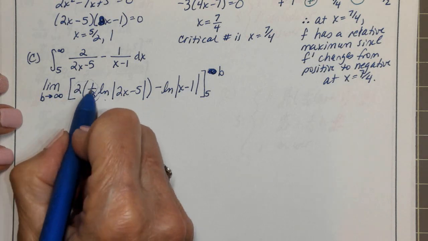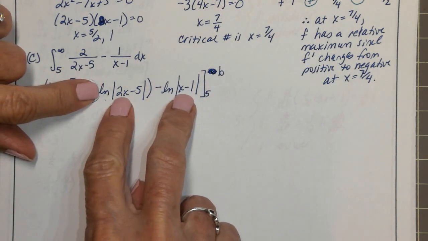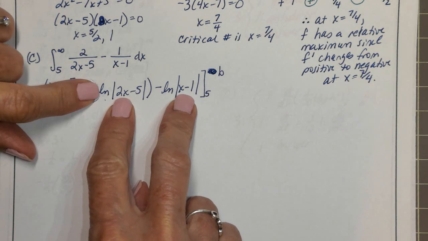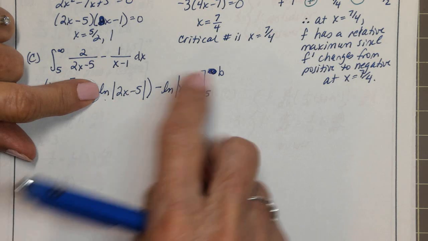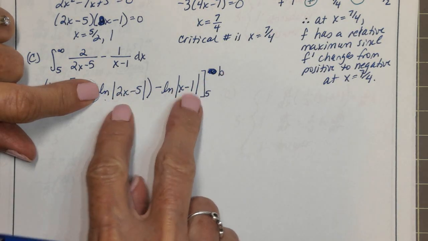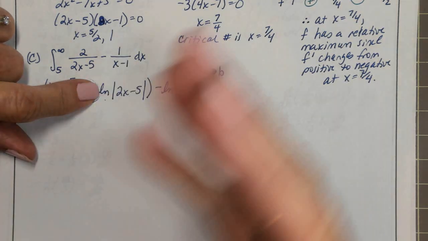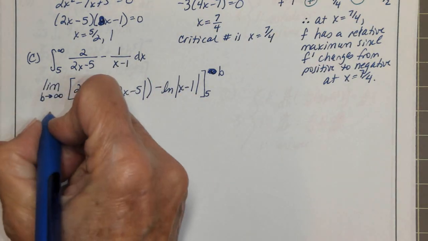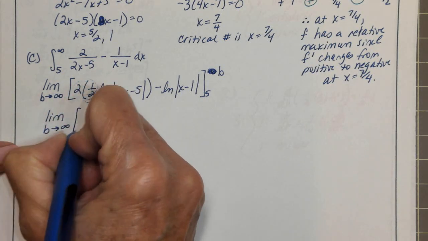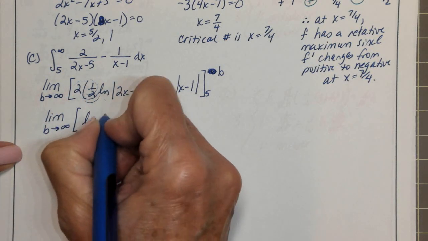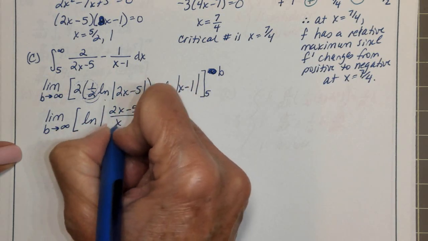The 2 times 1/2 is 1, which means I can combine these, and I need to combine these logs because I'm about to plug in infinity, right? Otherwise, you get infinity minus infinity, which is indeterminate. So I'm going to combine these logs and make it ln of the absolute value of 2x minus 5 over x minus 1.